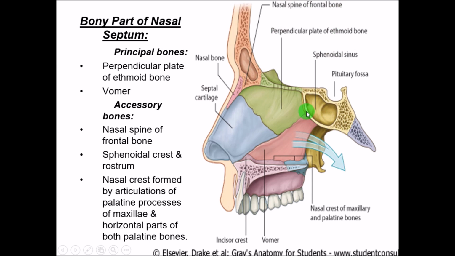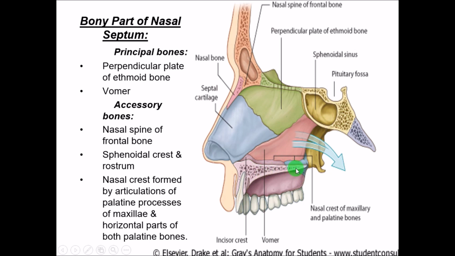So a part of it, the sphenoidal crest and the rostrum, will be invaginating and forming a part of the nasal septum, as well as the nasal crest formed by the articulation of the palatine process of the maxilla and the horizontal plate of the palatine bone. So here if you see, a part of it, the nasal crest formed by the articulation of the palatine process of the maxilla, as well as the horizontal plate of the palatine.